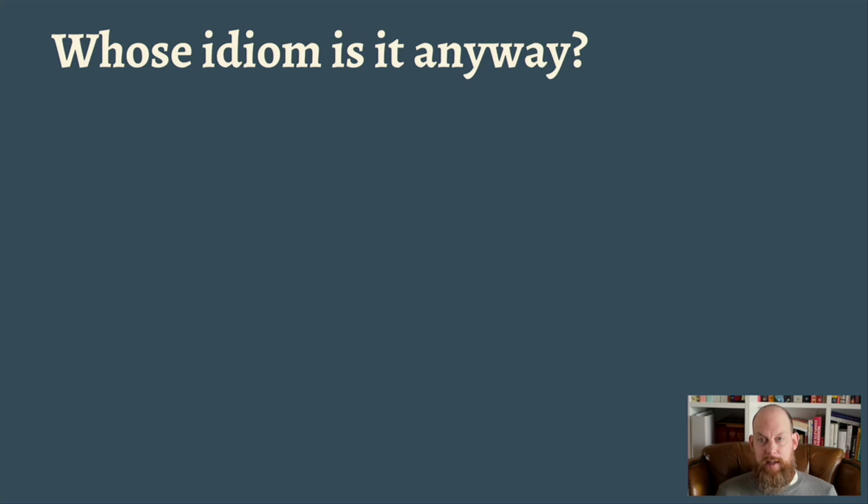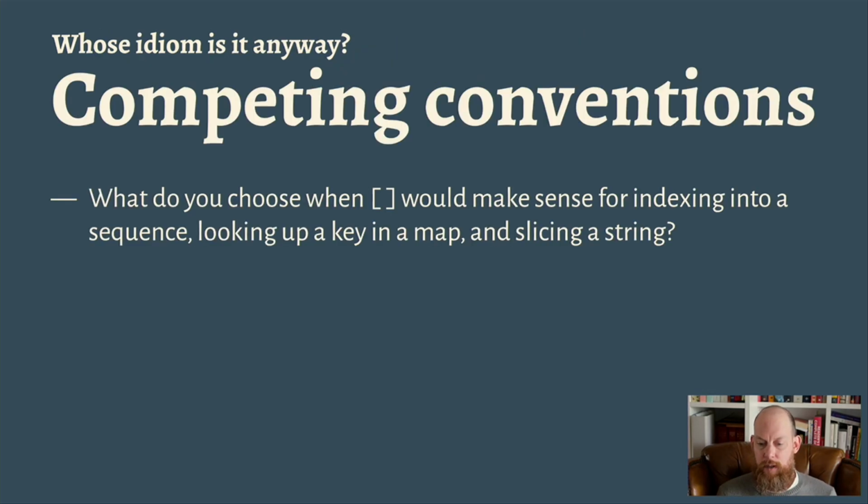Aspects of XDM make the most sense in XPath using the idioms of XPath. But the languages of our APIs have their own idioms. And those are not, as we have seen, exactly shared with XPath's. So we have a couple of things going on. We can talk about competing conventions.